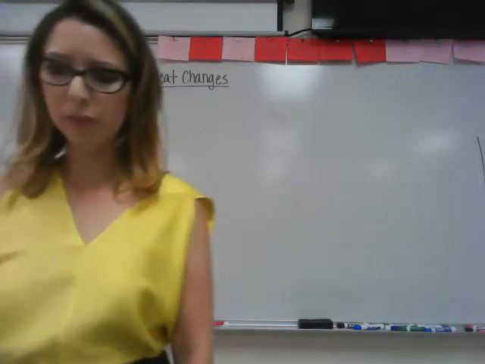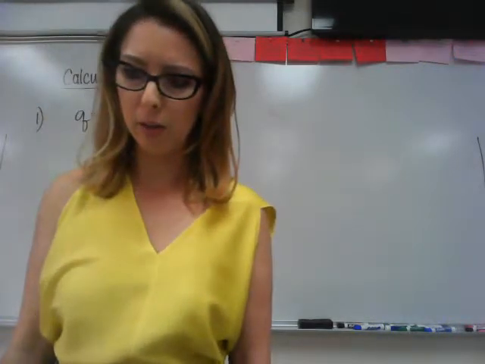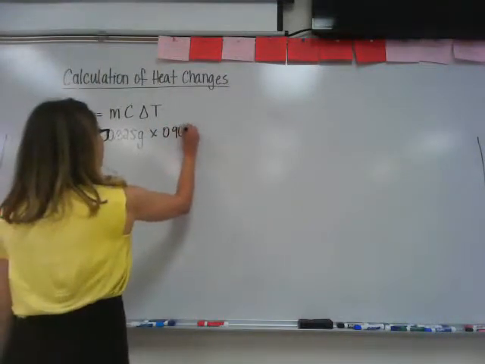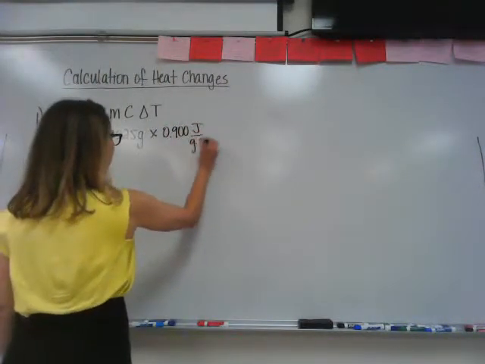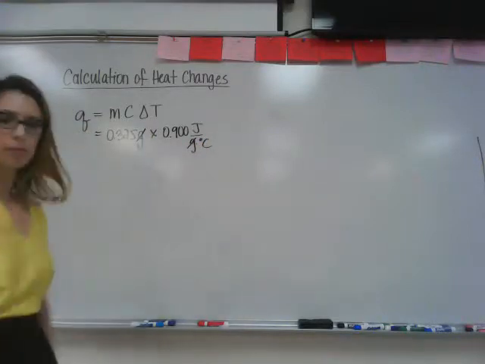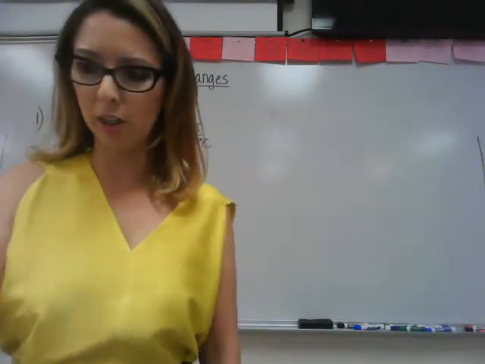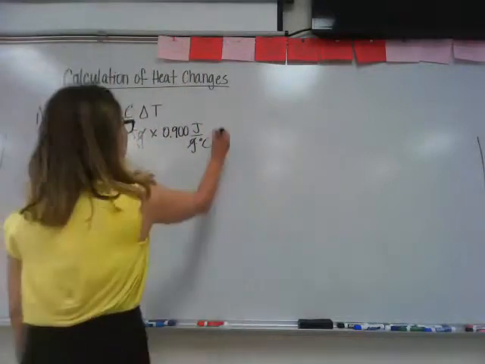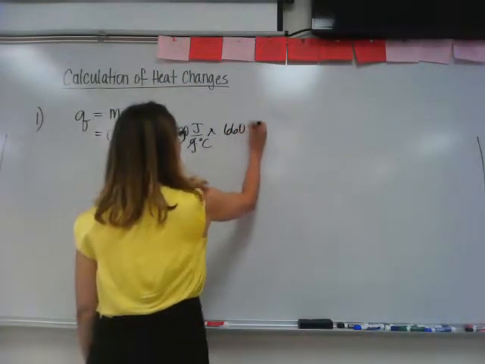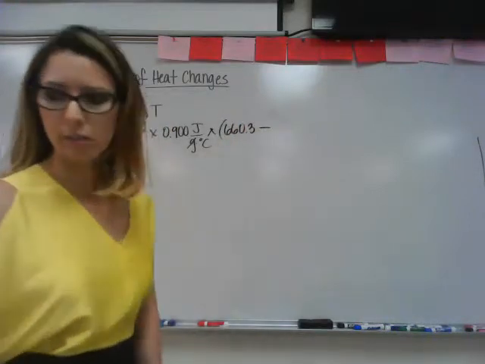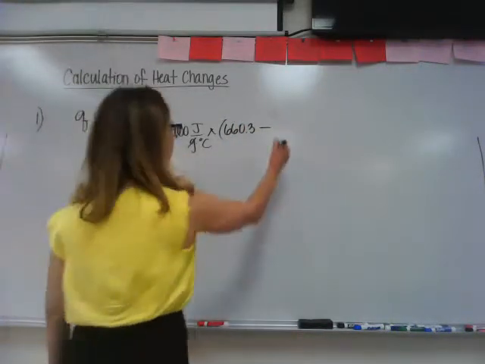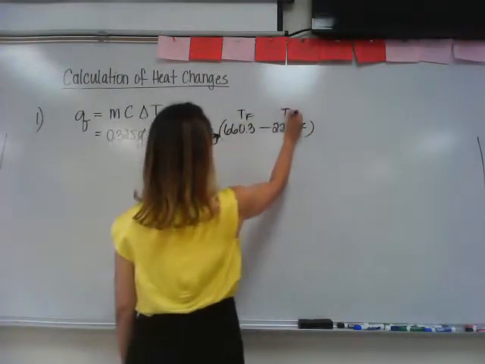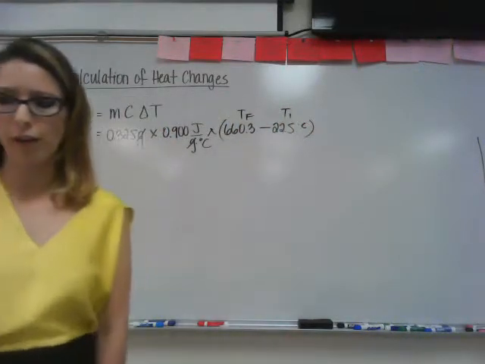And your specific heat of aluminum metal is 0.9 joules per gram times degrees C. And your temperature change is 660.3 minus 22.5 degrees Celsius, because this is always T final minus T initial, okay?